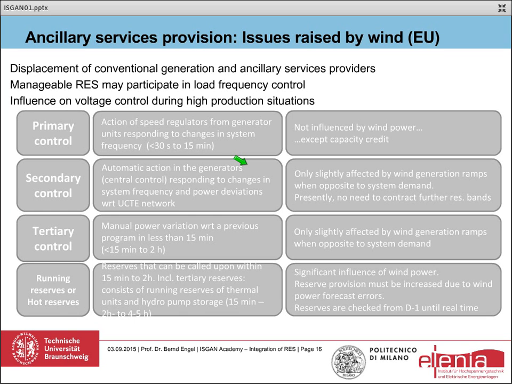Secondary control is an automatic action of the generation responding to changes in the system frequency. It's only slightly affected by wind generation ramps when opposite to system demand.